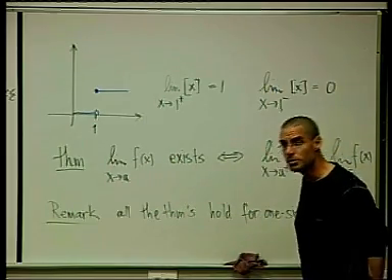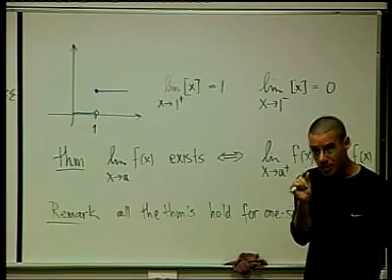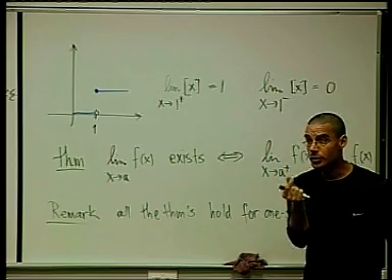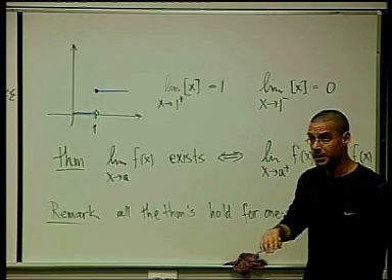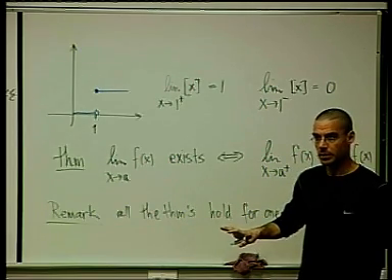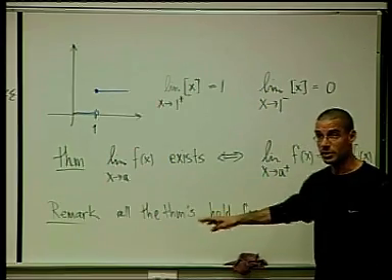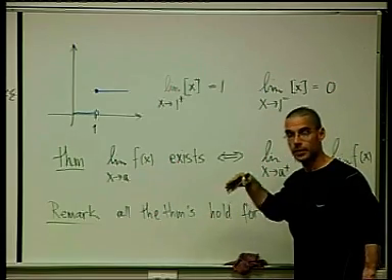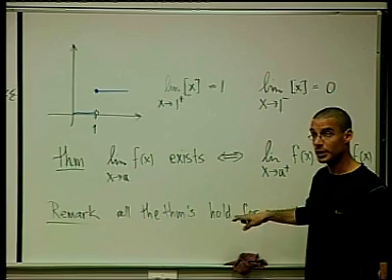All the theorems hold. The proofs are strikingly similar. You just have to modify them very lightly to use the definition of the one-sided limit rather than the definition of the limit, and I'm not going to do that, okay? So I'm not going to even state all the theorems. I'm just going to say all the theorems that we had so far hold for one-sided limits, and we're going to use all of them freely.